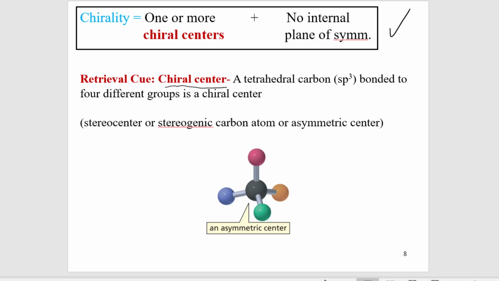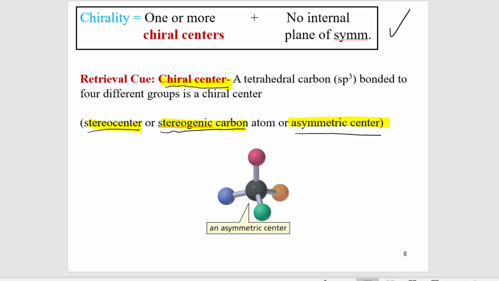They'll call them chiral centers, stereocenters, stereogenic carbons or asymmetric carbons. These are all the same thing. So don't be too confused by all the lingo. It depends on which book you're using or which professor's talking.